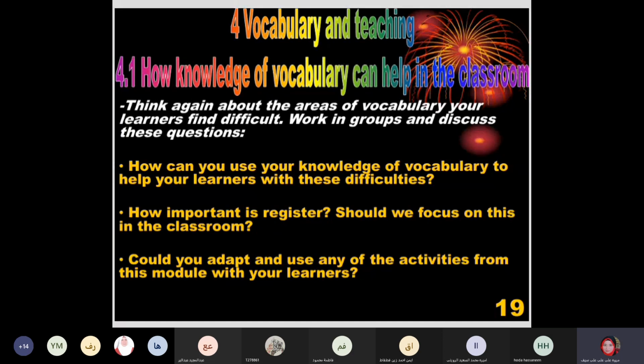So Mrs. Hoda introduced for us the coming activity as usual. She's brilliant. She could relate the content of the first two-thirds of the session to the second third of the module, which is how to use our knowledge of vocab, the aspects of vocab and the terms, and all these issues that we have been discussing in our teaching and learning process.